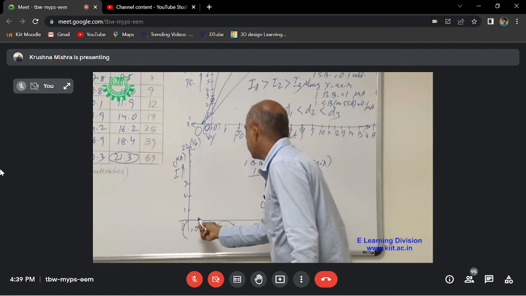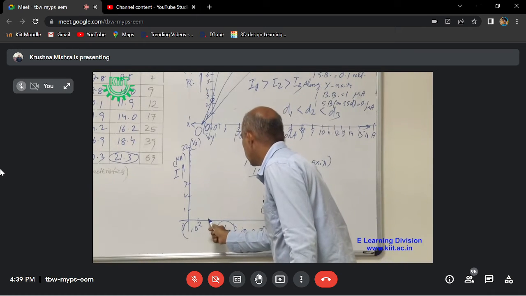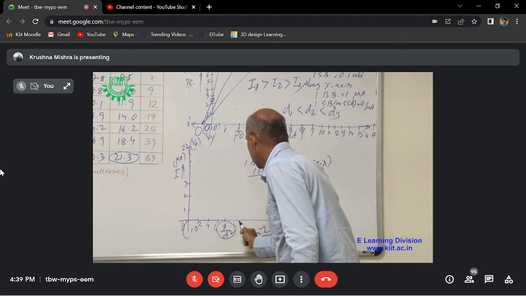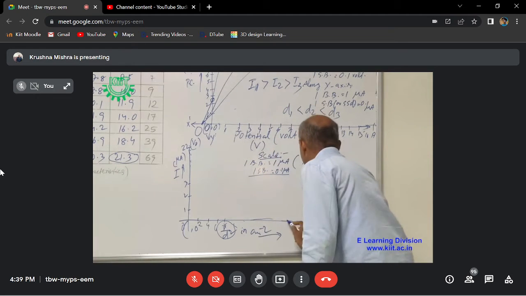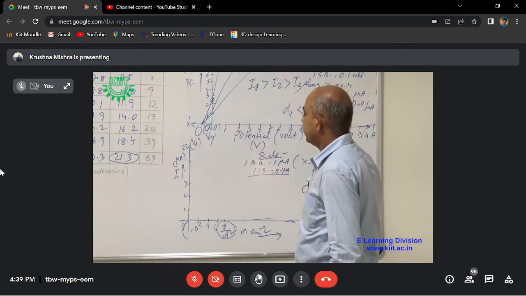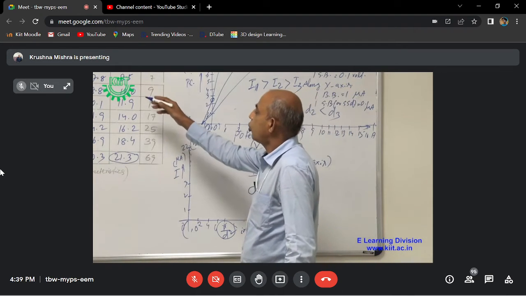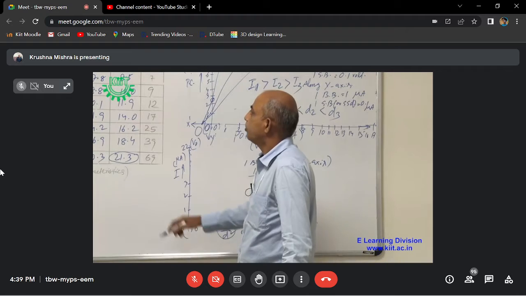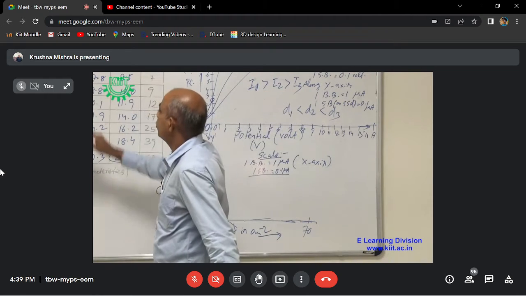So if you take here 2, then 4, 6, 8, in this way the last value will be 70. Then we will easily plot all the points for a particular value of photocurrent.